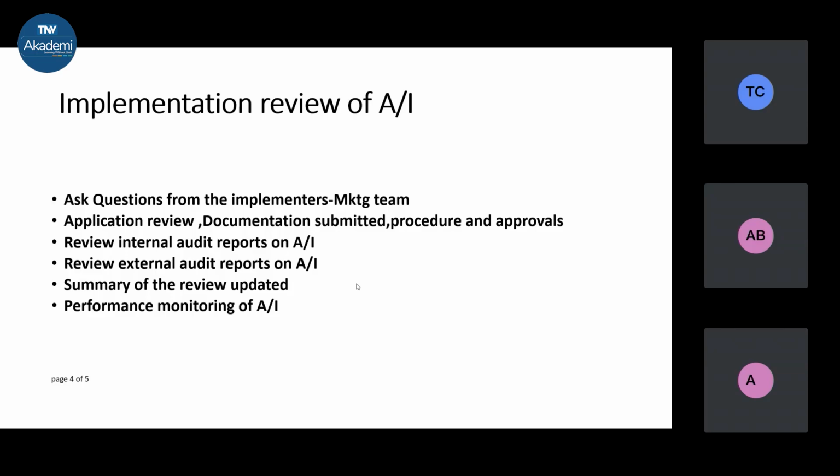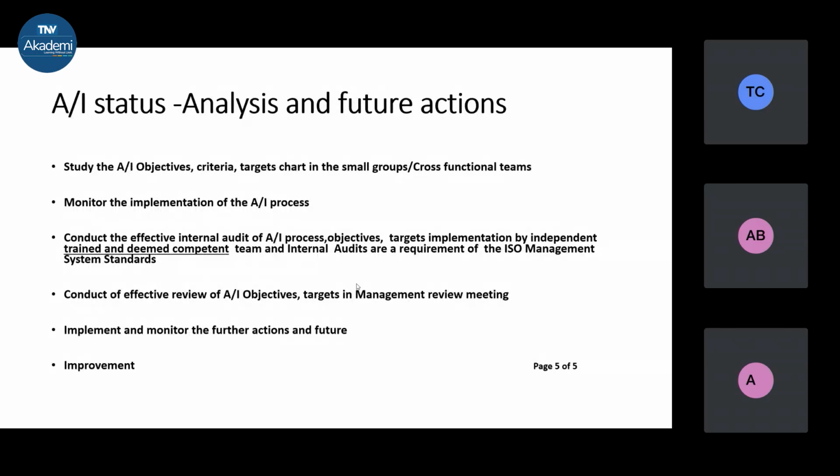So once we do that, we come to analysis and future action, which is always an integral part of any activity, any review actions. So we need to study what are the objectives of the application and inquiry review. Objective is very clear as we have discussed. Criteria is clear with respect to standard, revisions, and other supporting technical standards if they are there.